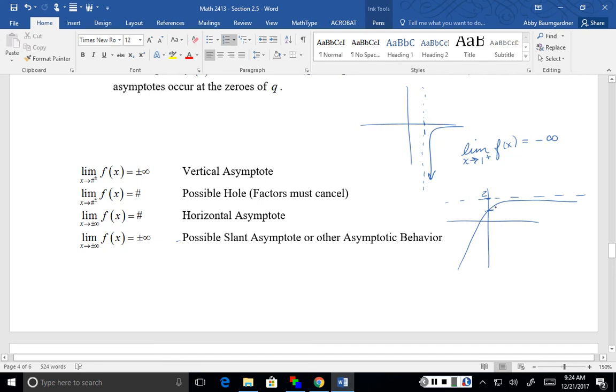So here, the limit as x approaches infinity of f of x is 2. So as we look at the right side of the graph, the y value is 2.